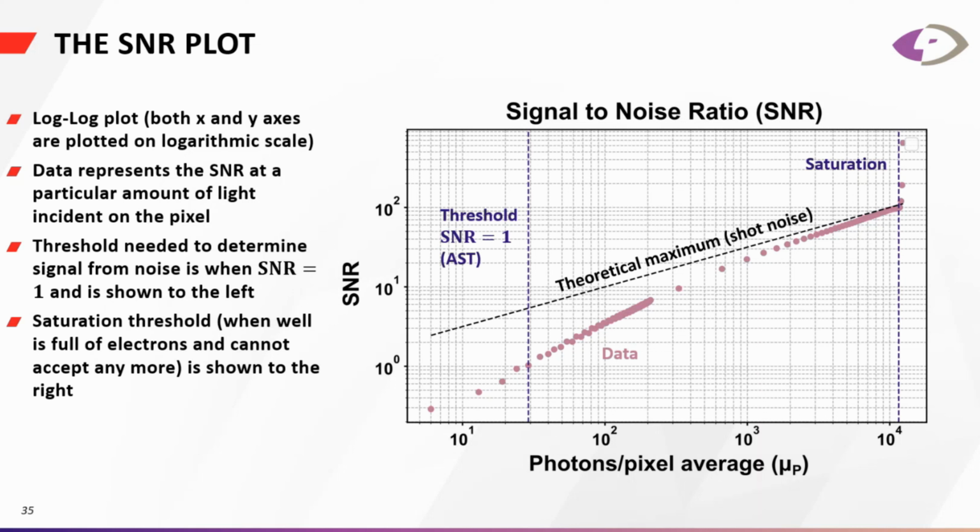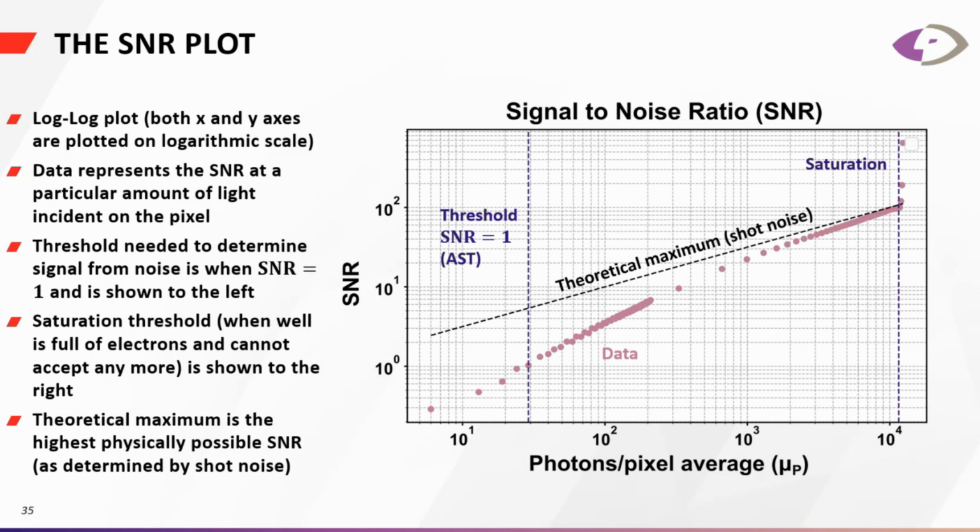And then the theoretical maximum is the highest physically possible SNR as determined by shot noise. So you can imagine that if you have literally zero read noise, no electronic noise whatsoever in your system, you are still limited by the fundamental quantum nature of light, and you are going to have shot noise. And that is entirely dependent on just your illumination conditions.